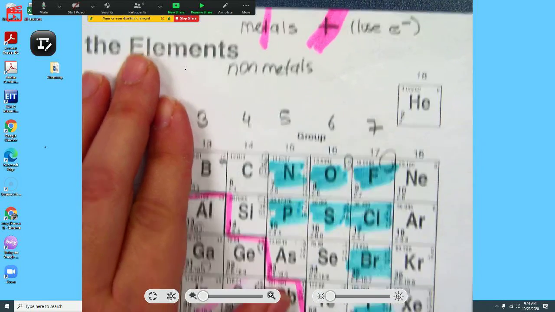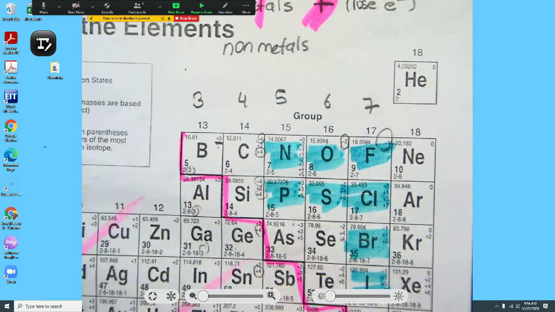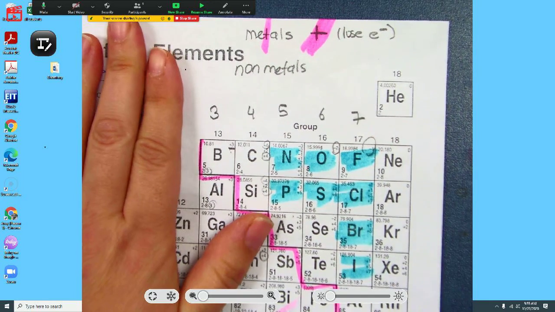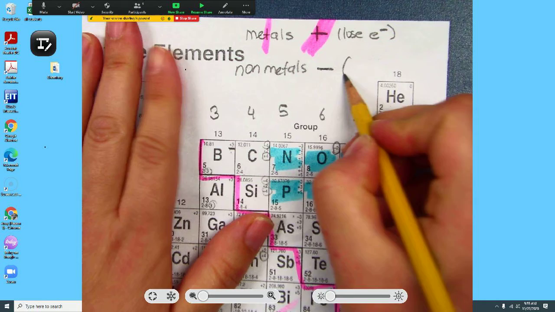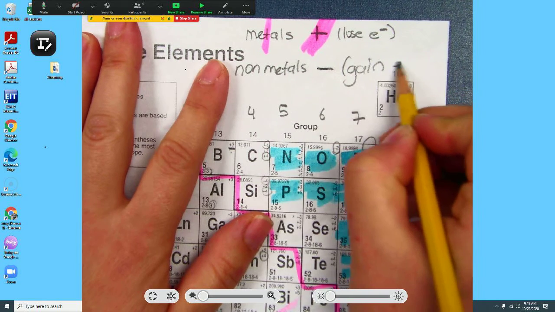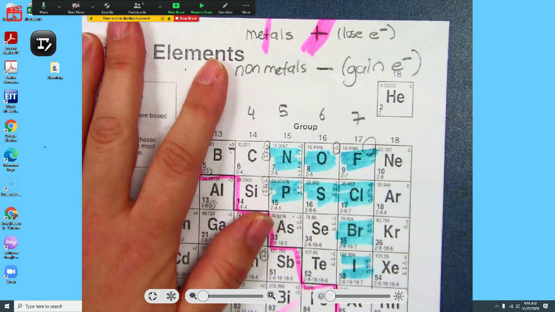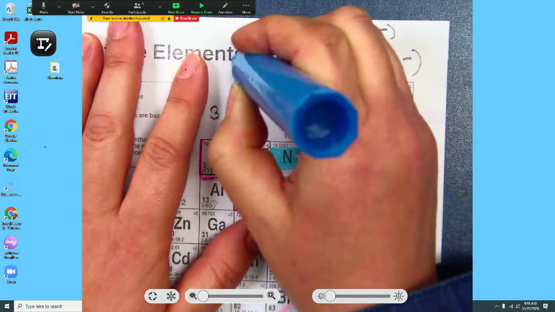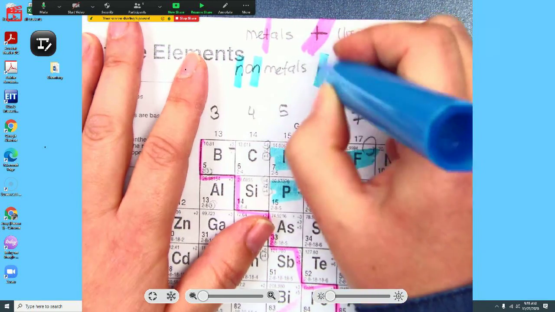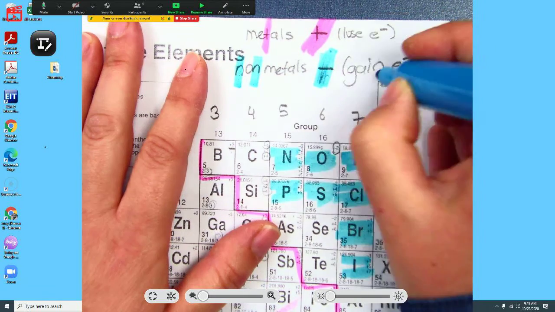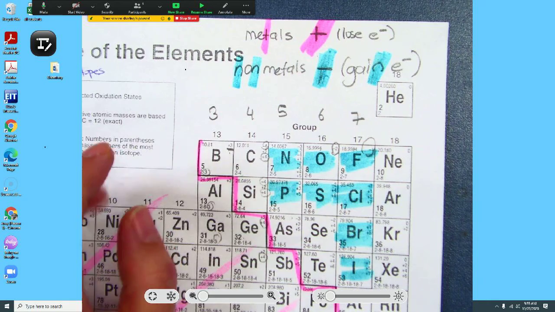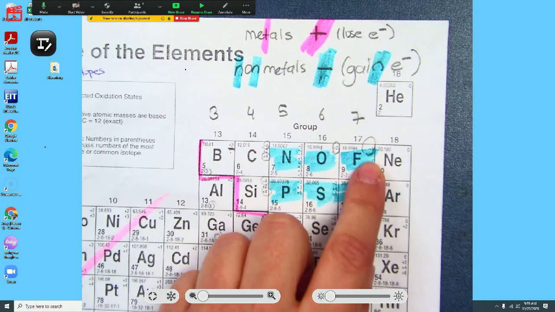Okay, non-metals will always gain electrons. Non-metals become negative charge. They will gain electrons. So let's highlight our clue here. Non-metals, negative charge, and start with negative. They will gain electrons. Okay, that's how you are going to remember.